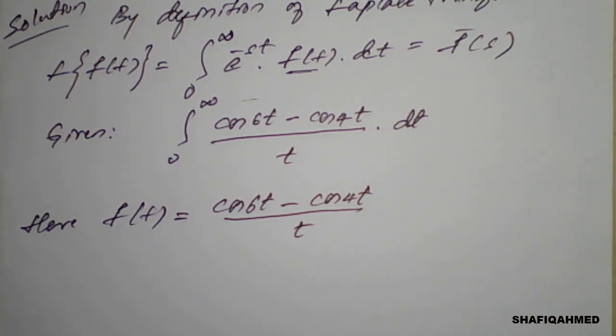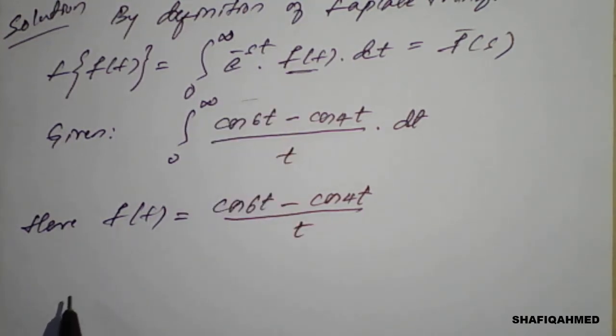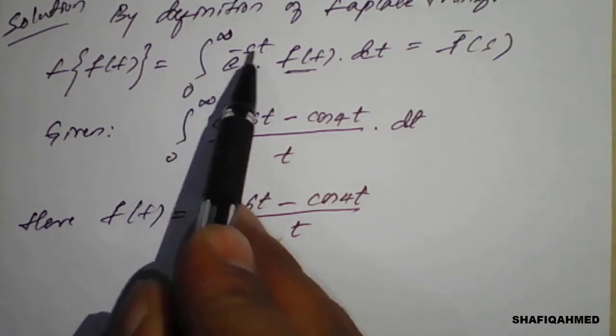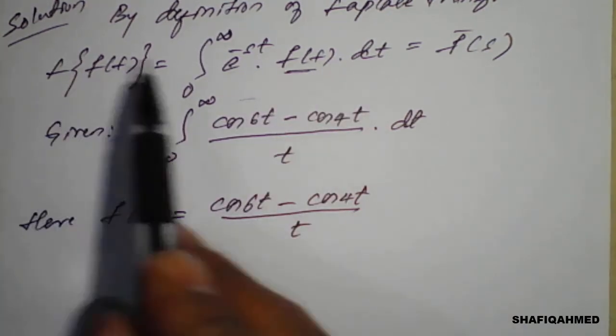So as per the definition, the definition says 0 to infinity e raised to minus st f of t dt is nothing but L of f of t. I'm just reversing.